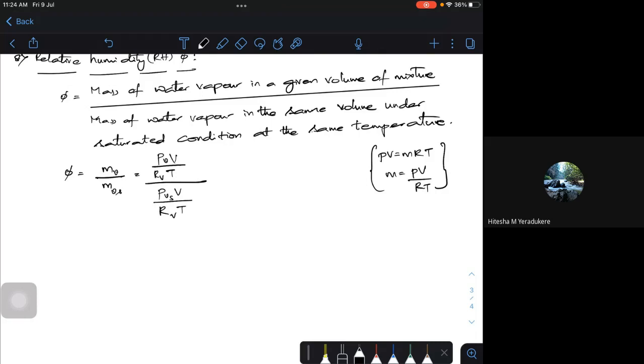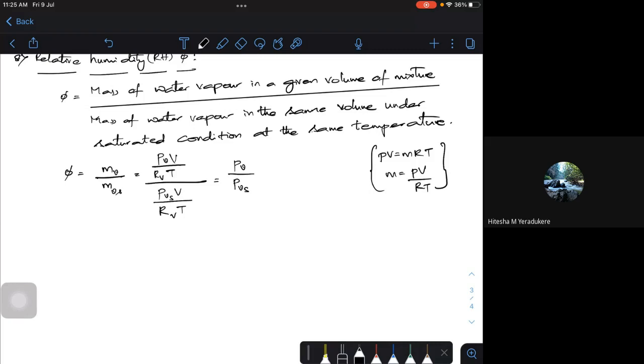Because volume and temperature are the same, they simply cancel out. I am left with only PV by PVS. So this is the equation I am going to get. So this is your relative humidity.